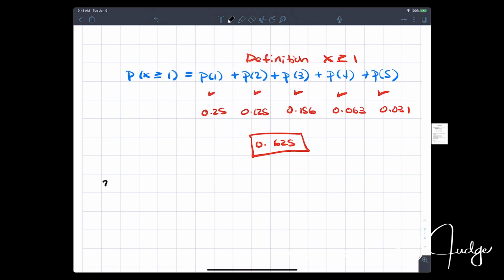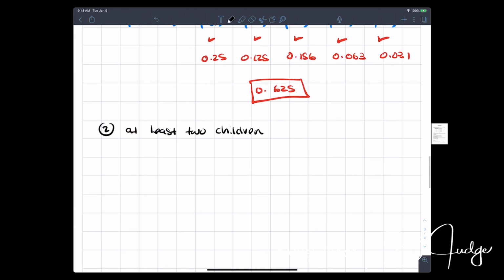So let's look at another question here. What if I said to you, at least 2 children? Again, you have to have knowledge of the phrase at least 2.